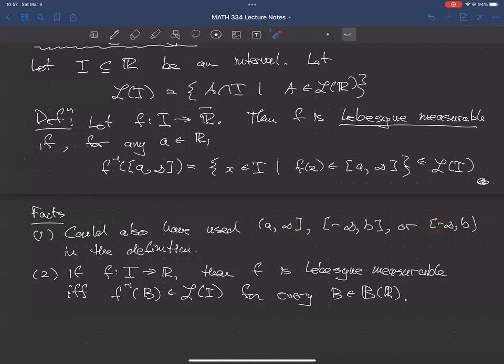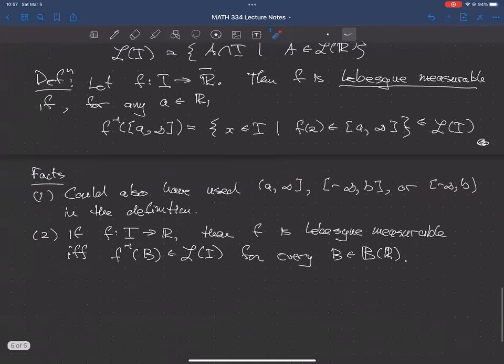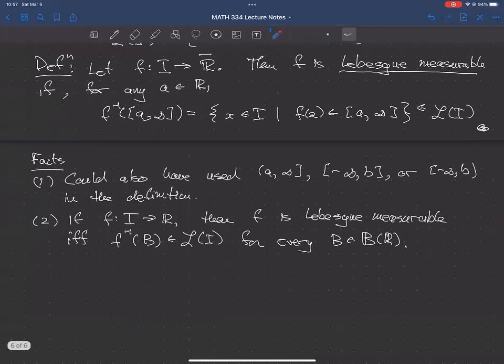That's how the Borelness here is related to this rather specific choice of intervals. You still have things to do to get past that, but that's the intuition.